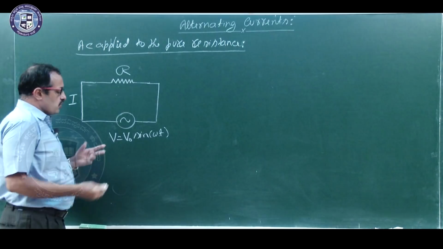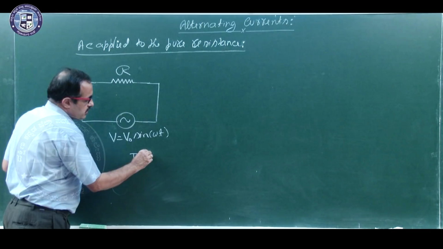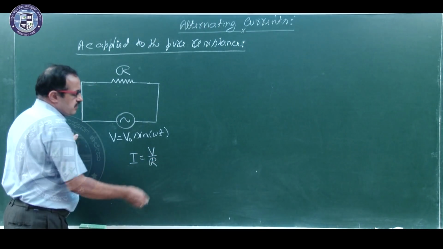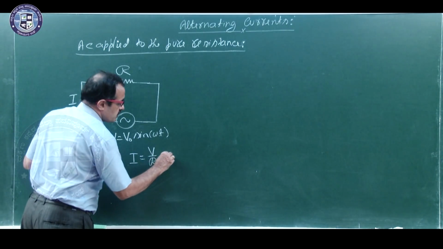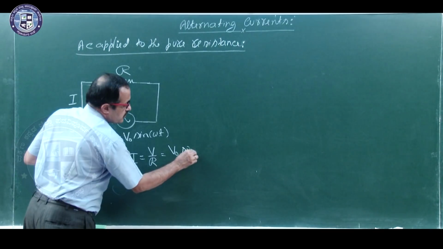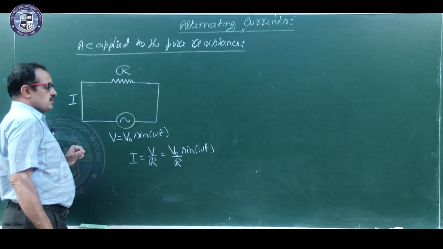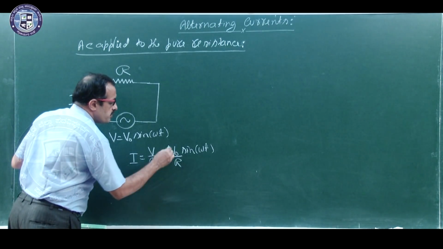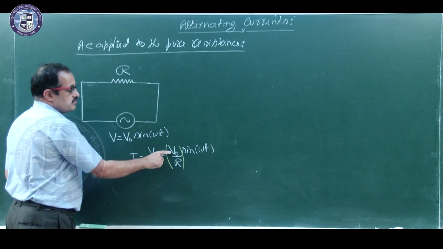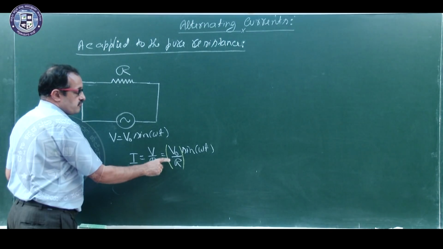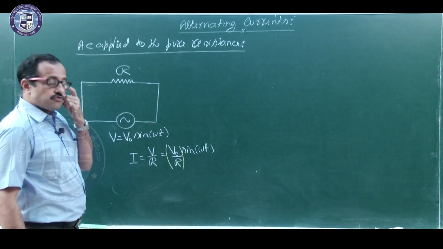Now, we know according to Ohm's law, current is given by the equation I is equal to V by R, very simple formula. But what is V? Instantaneous voltage. Therefore, it is V naught sin omega t by R. Now, you separate V naught by R. It is the maximum voltage divided by resistance, that becomes highest current.